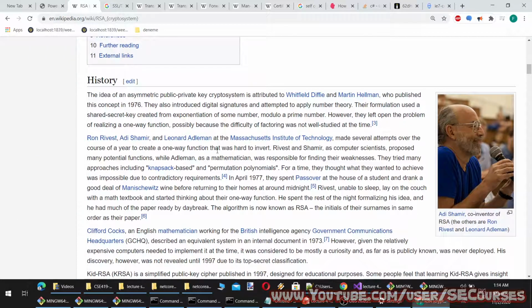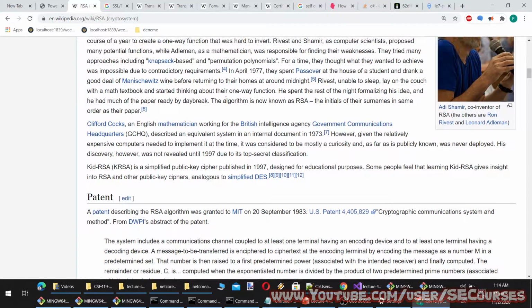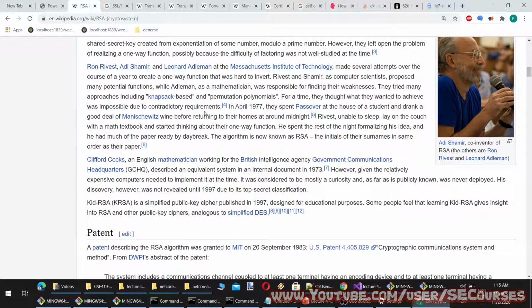Okay, so there is a history of it if you want to read. And I would say these guys are geniuses to develop these algorithms, because developing a new algorithm is an extremely hard thing. When you try it, you will know it.